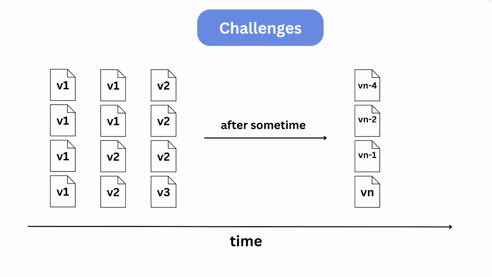So if you have to roll back your application for whatever reason, let's say I want to go to the version that was there 2 releases ago, then you need to figure out actually which versions of these files were present during that point in time.